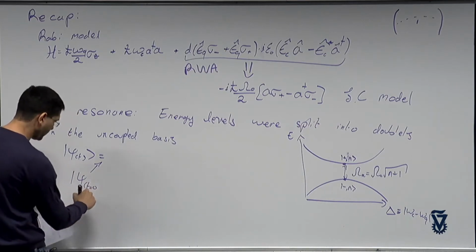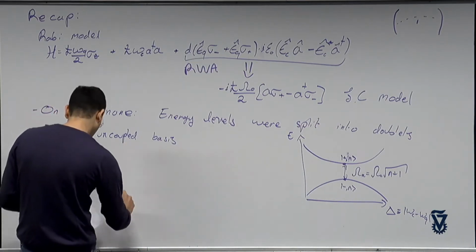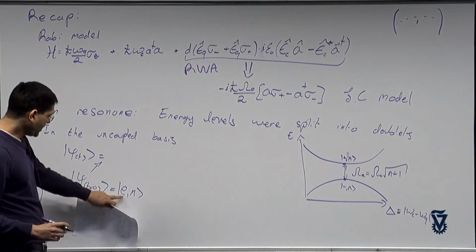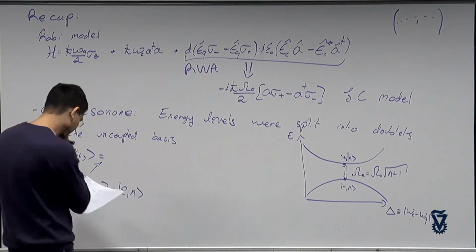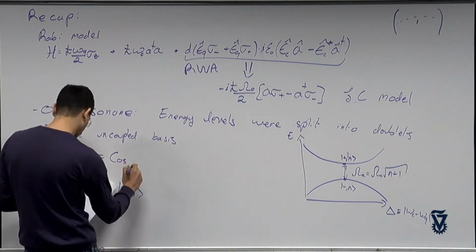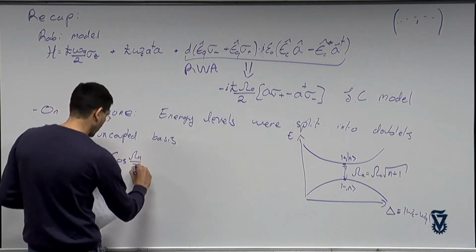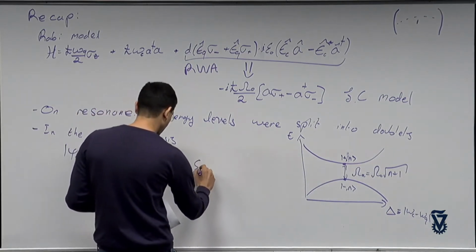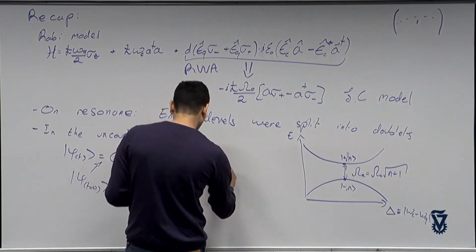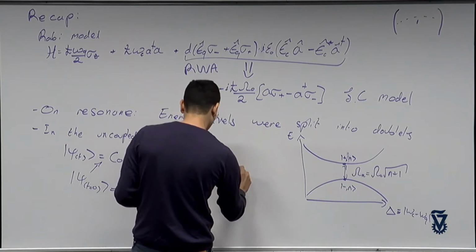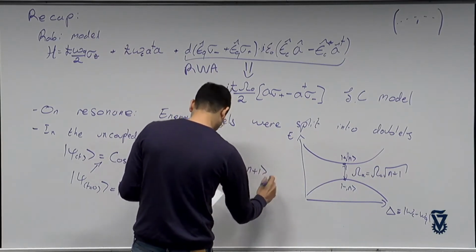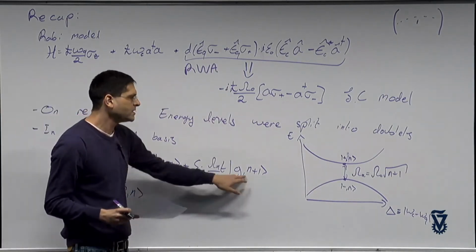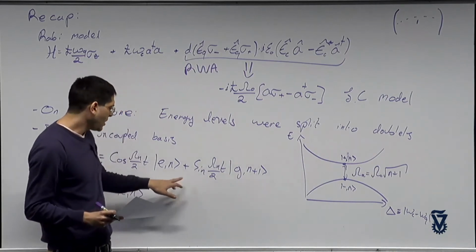I gave the example solution: if we start with psi naught equals E and some n, then E goes to G and n goes to n plus 1, and then you have the following dynamics, which is just cosine omega n over 2 t, E n, plus sine omega n over 2 t, G n plus 1.